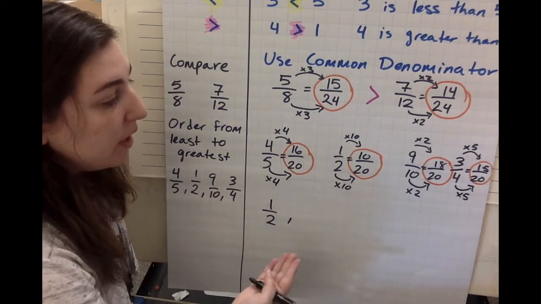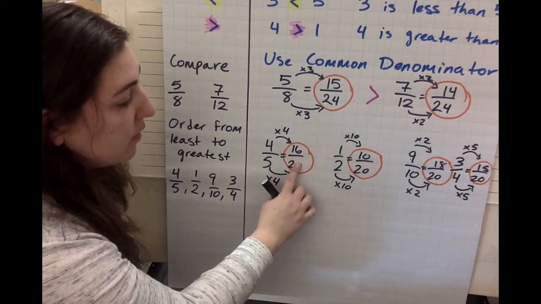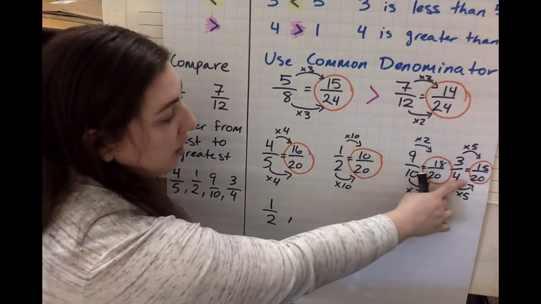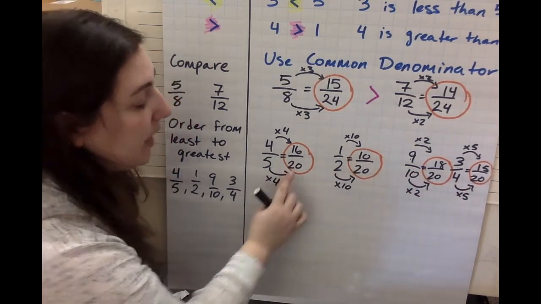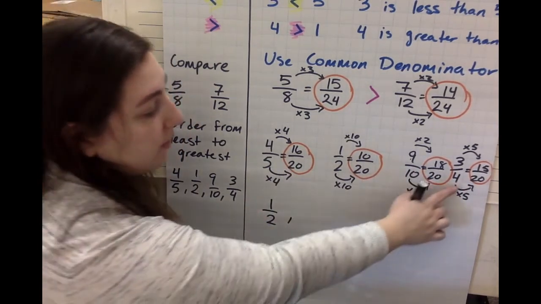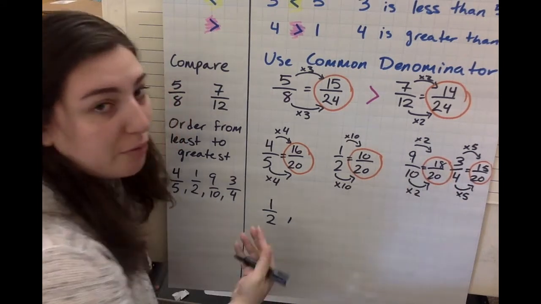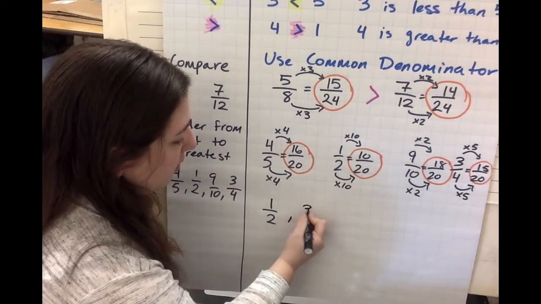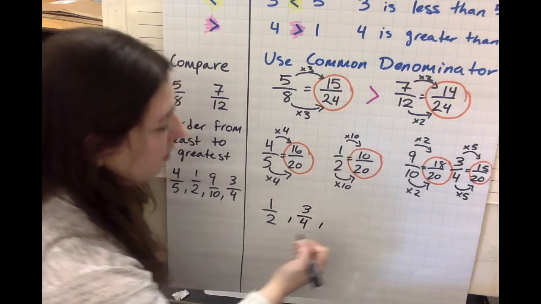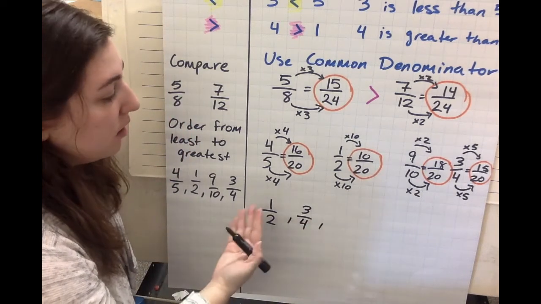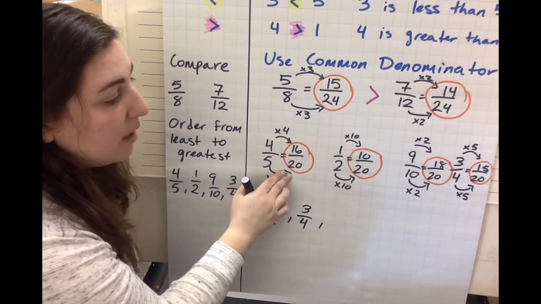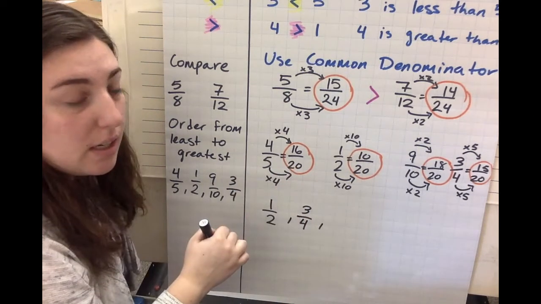Remember, we're writing this from least to greatest. Then I'm going to look for the next smallest fraction. I have 16, 18, and 15. 15 is smaller than 18 and 16. So 15/20ths, and I'm going to write 3/4 next. Now the next one is going to be 16 because 18 is larger than 16.